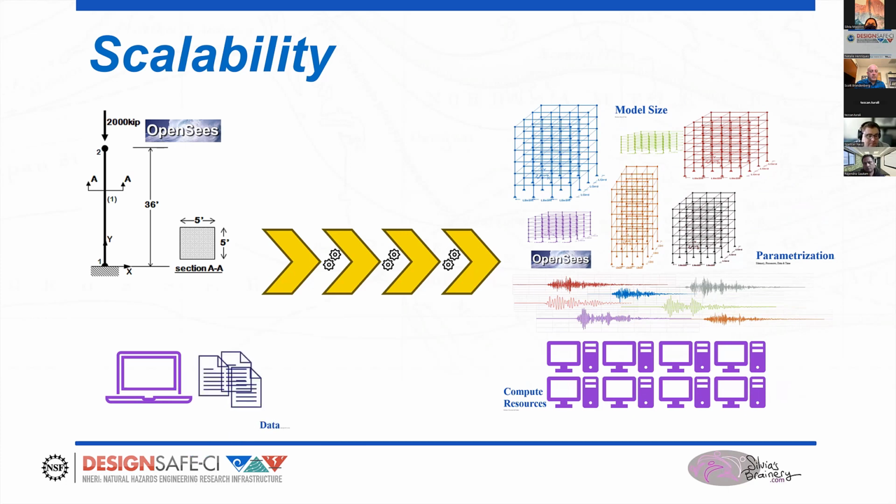Now, of course, we were talking about just the model itself, but the other thing you need to take into account is data. All right, so even just my cantilever column that's elastic has one file for all the nodal reactions, one file for nodal displacement, and another file for maybe some section forces and deformations. So even just one simple structure has a single file.